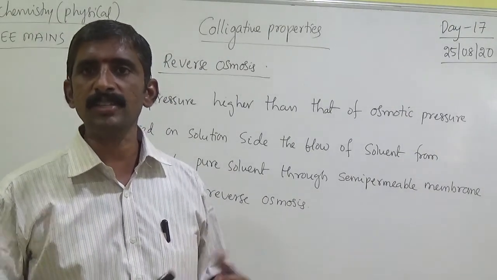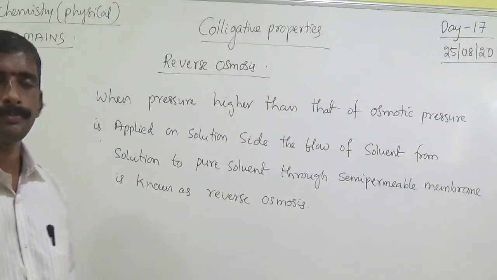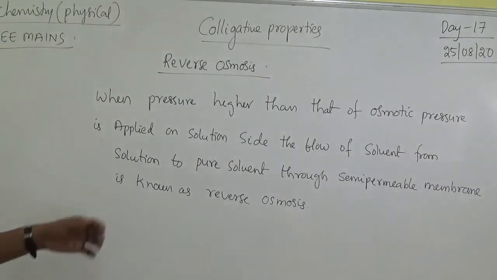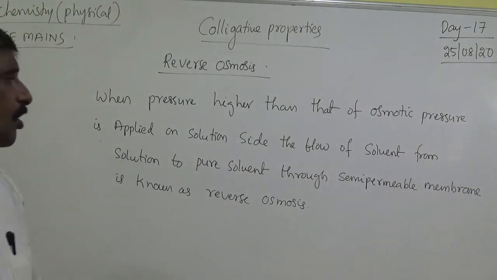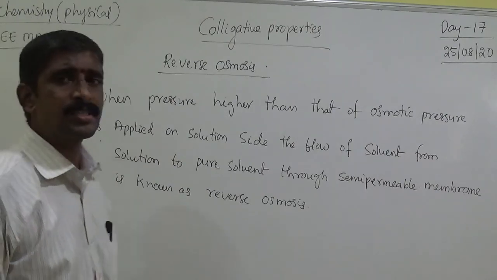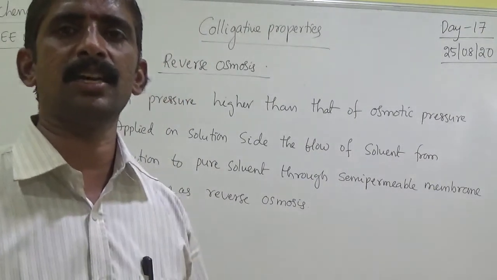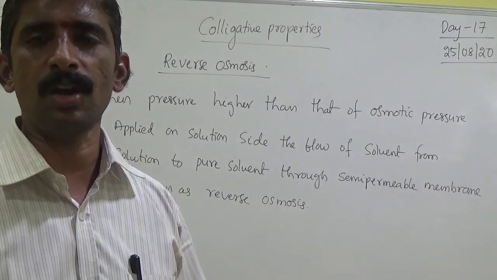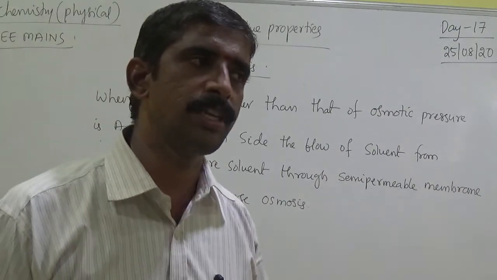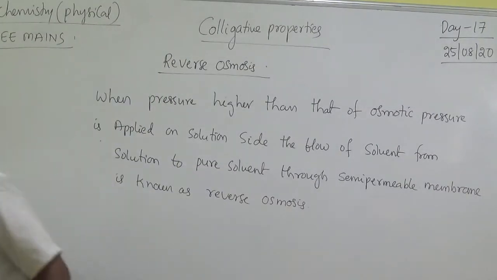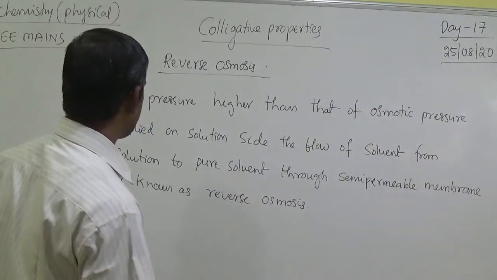Reverse osmosis means the flow of solvent molecules from solution to pure solvent through a semi-permeable membrane. Reverse osmosis, RO, is used in desalination of water. Now I will draw the diagram.